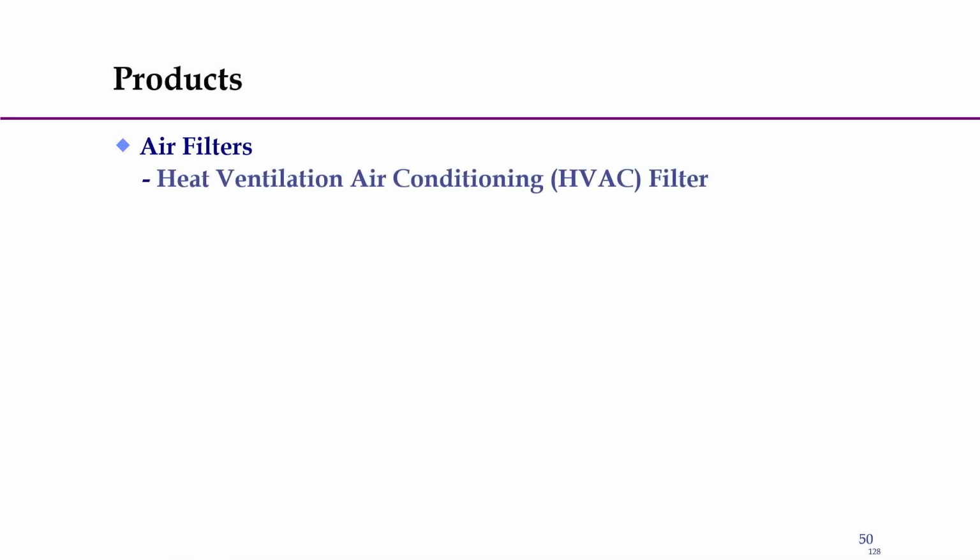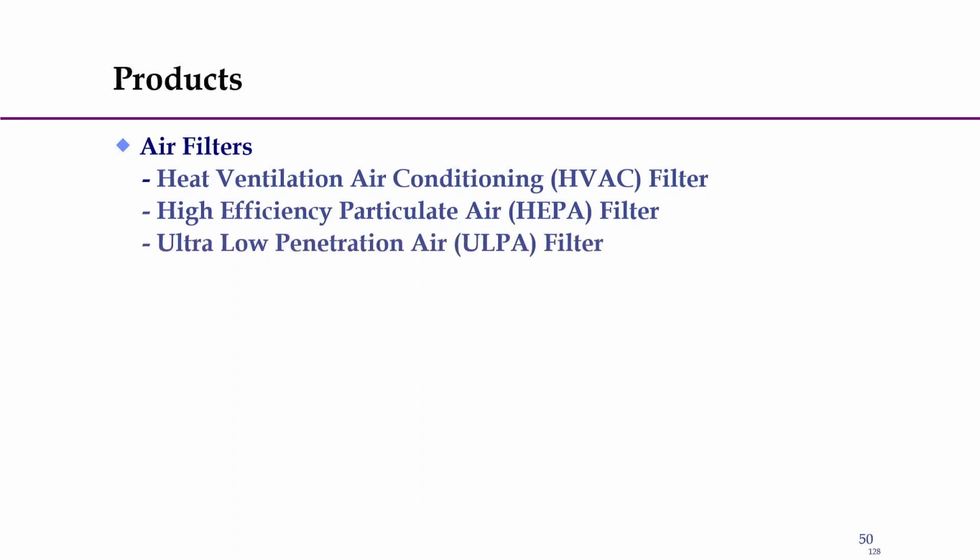Then the different products are there. Air filters, so heating, ventilation, air conditioning, HVAC filter, and HEPA filter, high efficiency particulate air, ULPA, ultra low penetration air, air purifying respirators, bag filter.